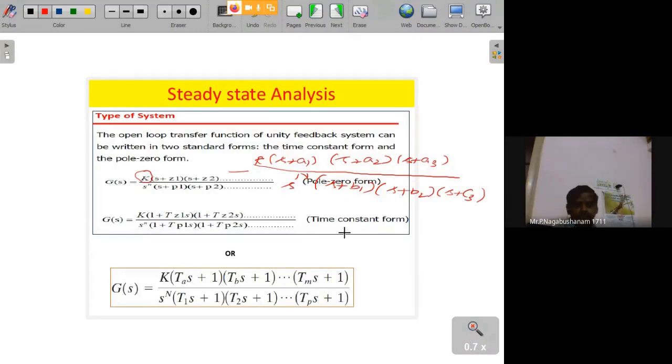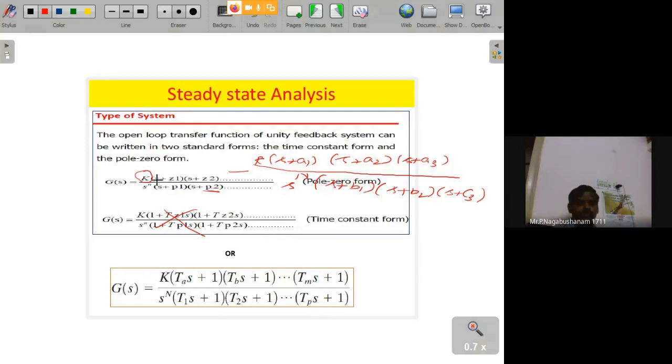What about the time constant form? Time constant form is, if you take Z1 outside, Z2 outside, then it is 1 plus, 1 plus. If you take P1 outside, P2 outside, then 1 plus. So the time constant form will be like this. You can use this one or this one. Time constant form is 1 plus something, 1 plus something in numerator and denominator.